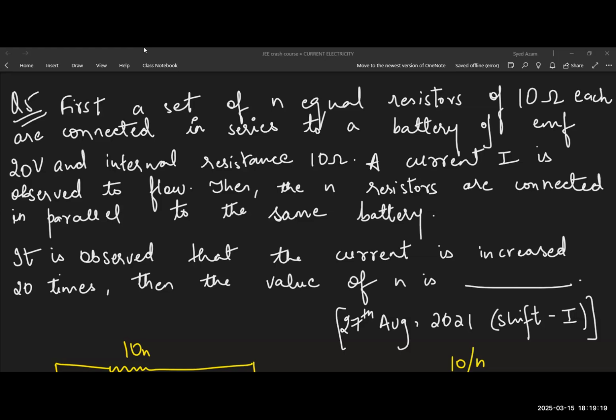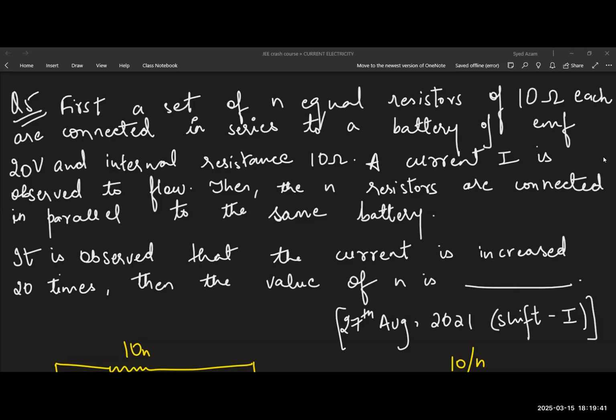Ma'am, in the question, the EMF is given as 20 volt, right? But we have solved it by taking 10 volt. Oh, yes, this has been mentioned as 20 volt, right? Let me check whether I think it's 20 volt only.